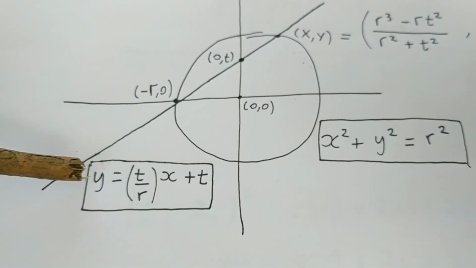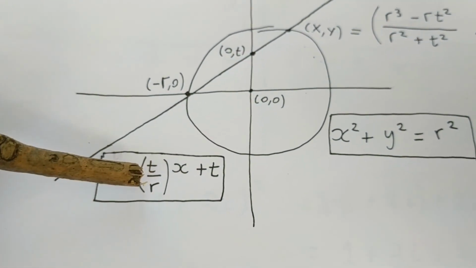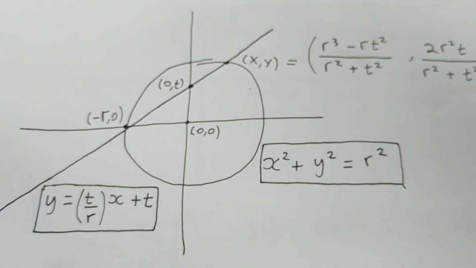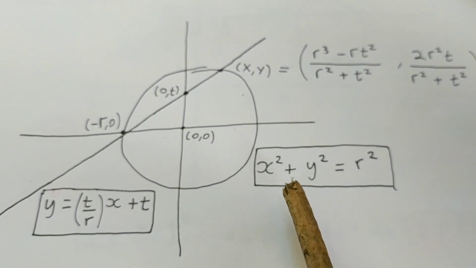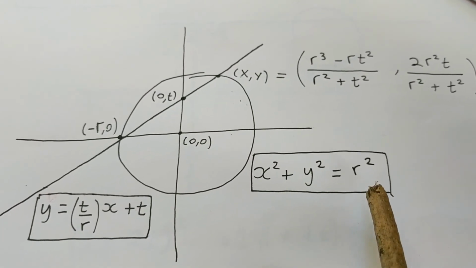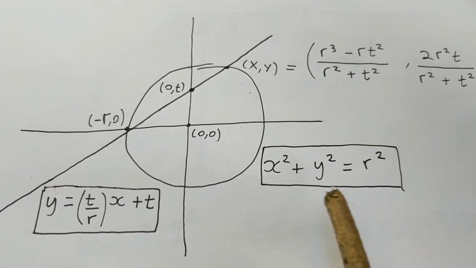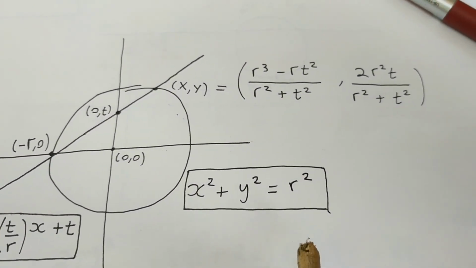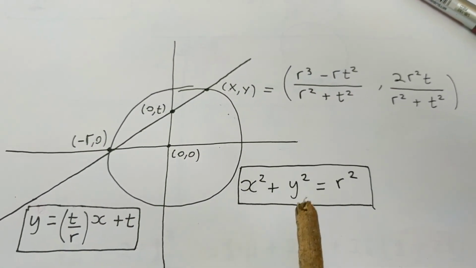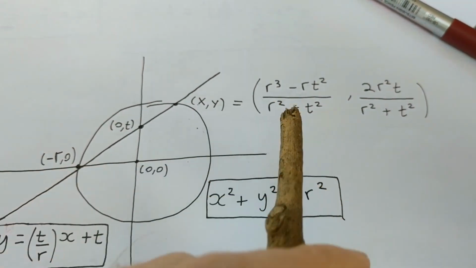So this line is given by the equation y equals t divided by r times x plus t. And the circle is given by the equation x squared plus y squared is r squared. So we have these two equations, and all we have to do is solve them to get this formula here.